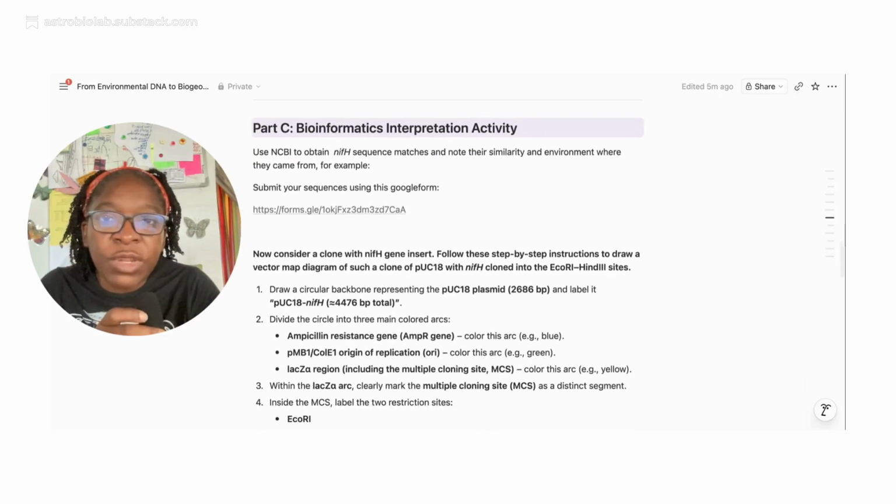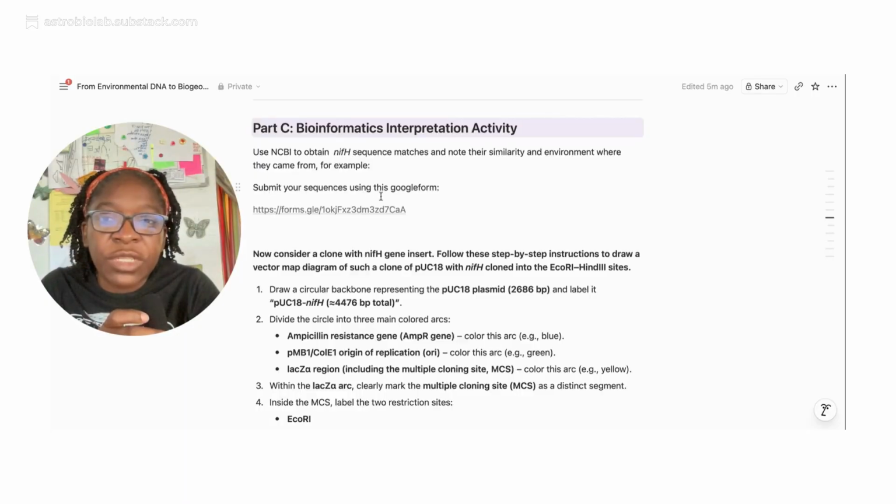So in part C, we're looking at the bioinformatics interpretation, and I would like you to use NCBI to obtain nifH sequences of your own. So just go there, find a nifH sequence, and then you note its similarity and the environment where it came from. So that is similarity to some of the sequences from your colleagues.